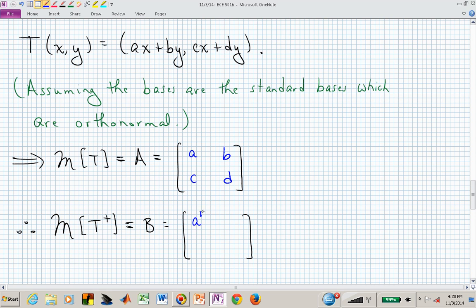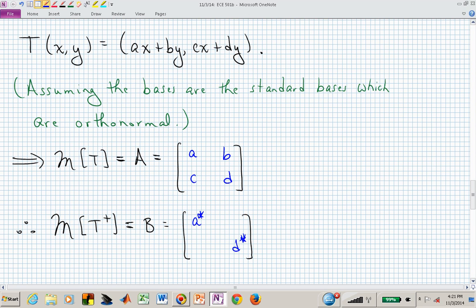A conjugate. Since if we transpose capital A, the 1, 1 entry stays put, except now we need the complex conjugate, so it's A star. What's the 1, 2 element in capital B? Or maybe the easier one is, what's the 2, 2 entry in capital B? That's the conjugate of what we started with.